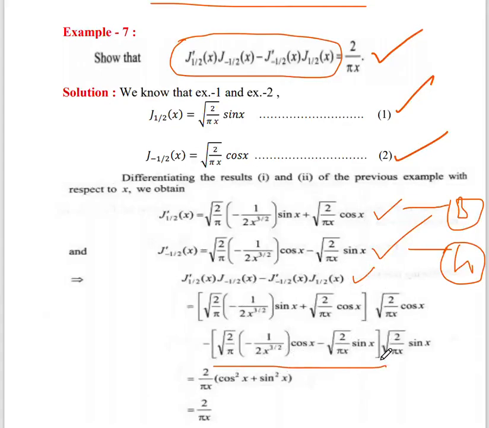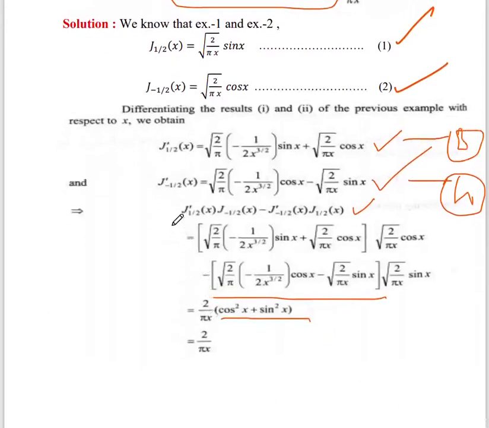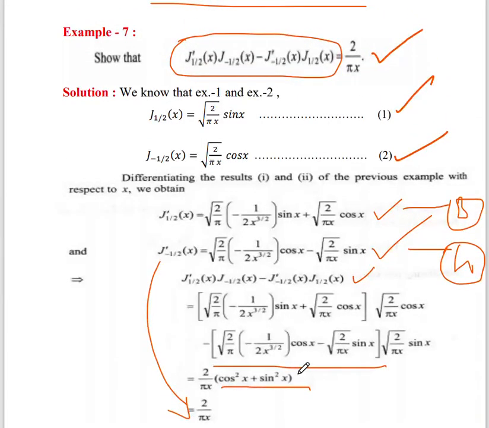After solving, some terms will get cancelled, and we get only 2 upon pi x into cos square x plus sin square x. We know that cos square x plus sin square x is 1. Therefore this is the RHS of the given result. Hence we have proved example number 7.